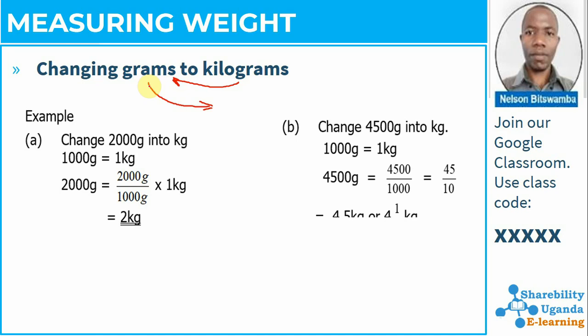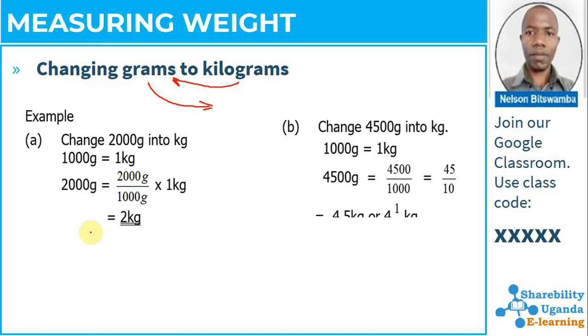A gram is very small and a kilogram is very big. So we shall divide, because we are changing a small value to a big value. When something is very small and we are changing it to big, we divide the small value which is given.